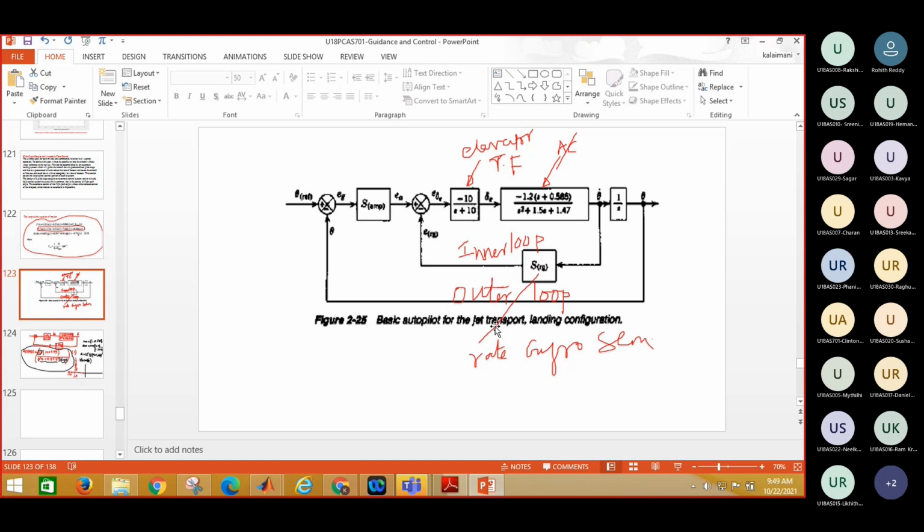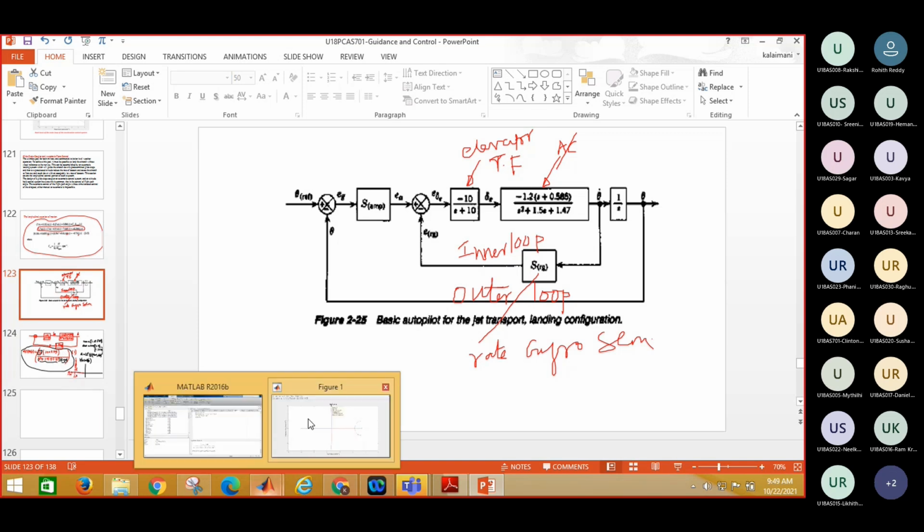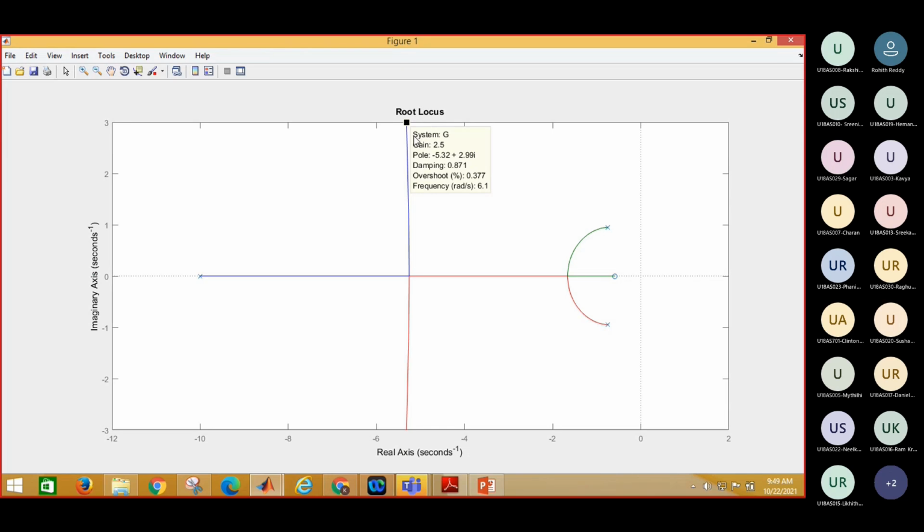Okay. So now I will sketch the root locus for the inner loop. Then I select my rate gyro sensitivity value, the gain value say 2.5. At that time my damping is 0.871. So the inner loop has higher damping. Why do we need the inner loop to have higher damping?